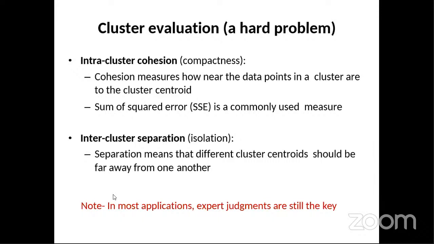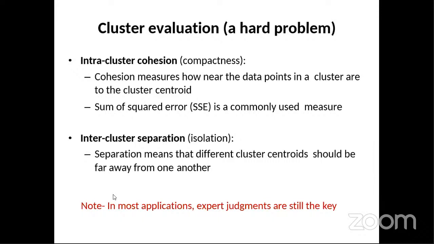Intra-cluster cohesion means the compactness of the cluster we have created. Cohesion measures how near the nodes in a cluster are to the cluster centroid. So we calculate the cluster centroid and then look at which nodes are nearer to it, and that gives the cohesiveness of the cluster.